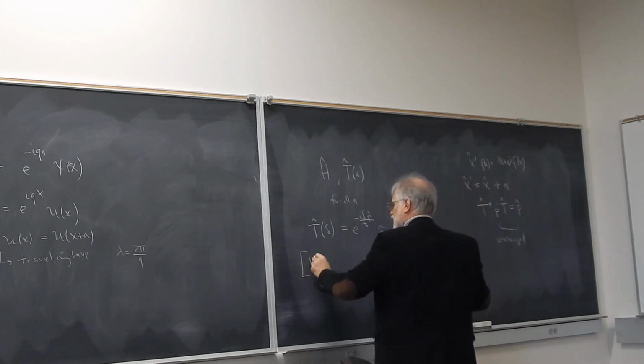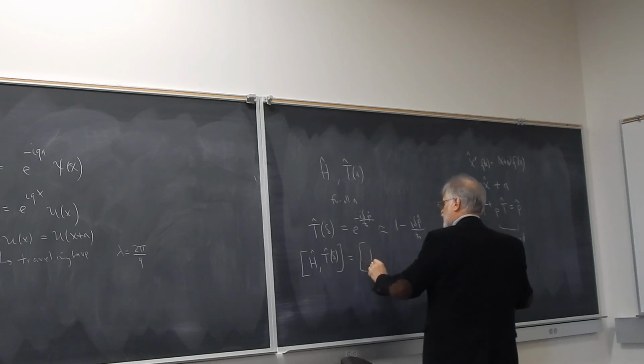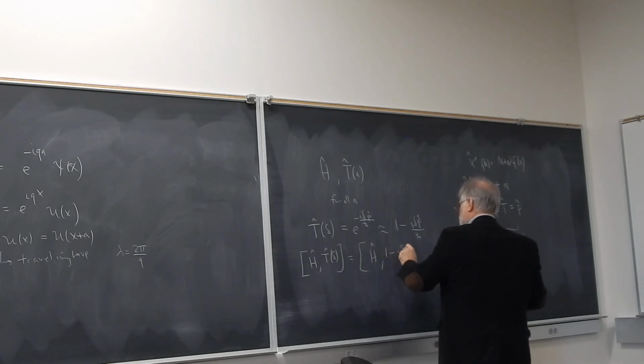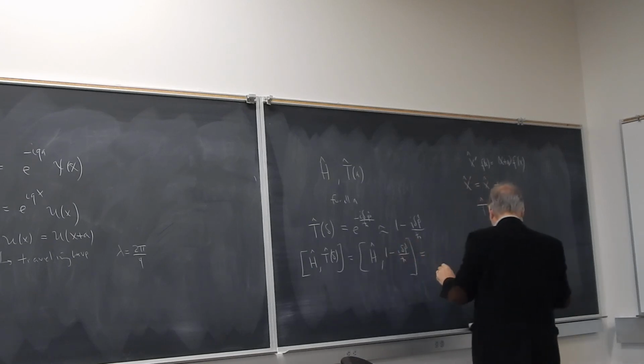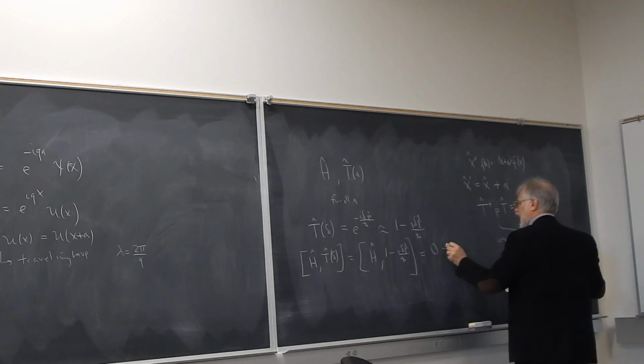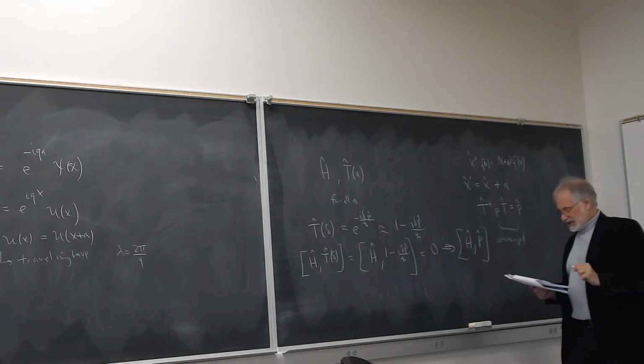If I apply my commutator to the Hamiltonian and my infinitesimal translation operator, I'm applying H to 1 minus i delta P over h bar. And that's going to be equal to 0, which implies that momentum is also conserved.